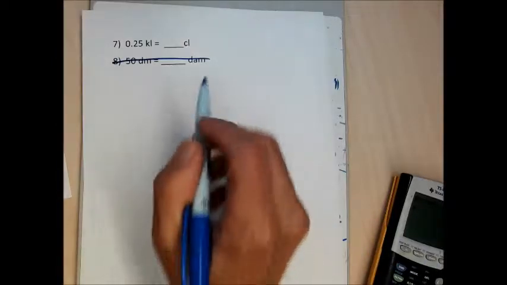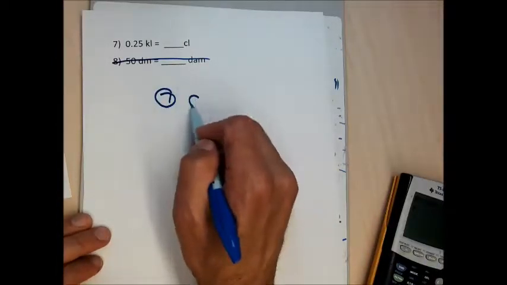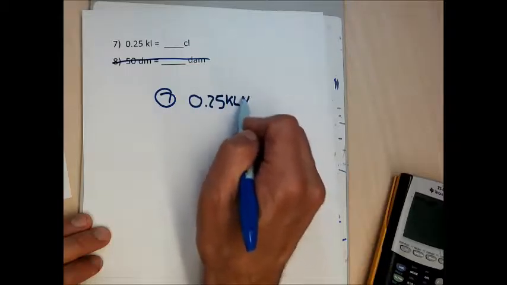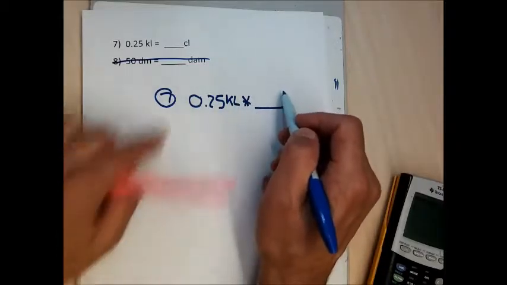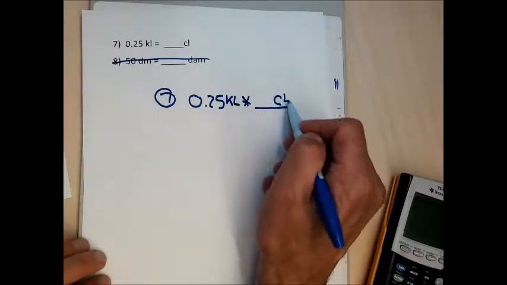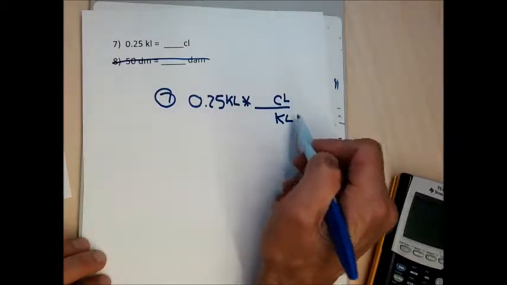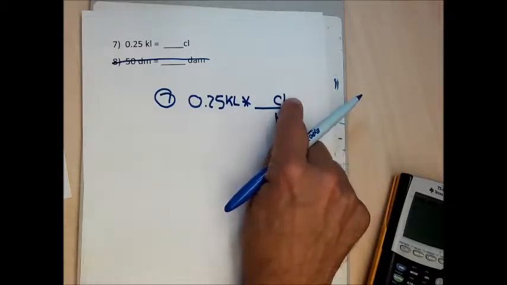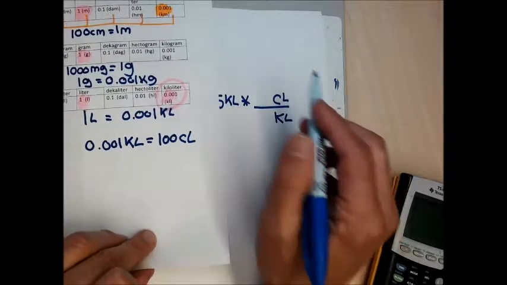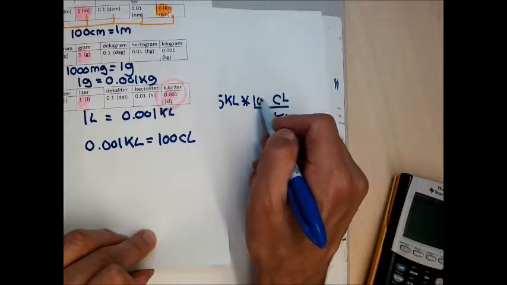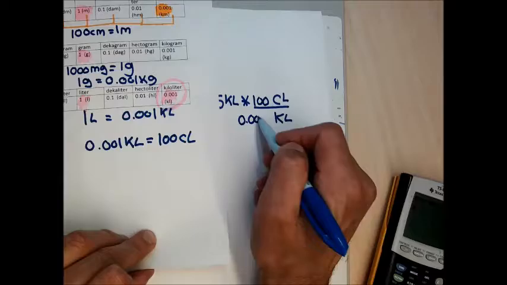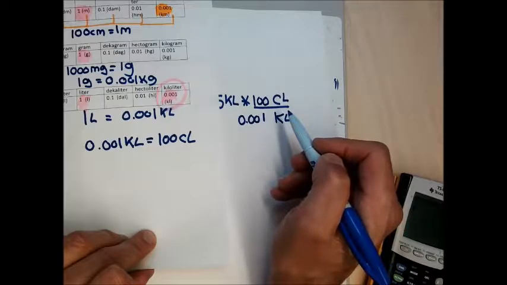And when I go to do number 7, I start off with kiloliters. The fraction that I'm going to multiply by is going to have centiliters in the numerator and kiloliters in the denominator, because what I want to get rid of goes in the denominator, what I want to end up with goes in the numerator. The numbers that I'm going to put next to the centiliters is 100. The number I'm going to put next to the kiloliters is 0.001.